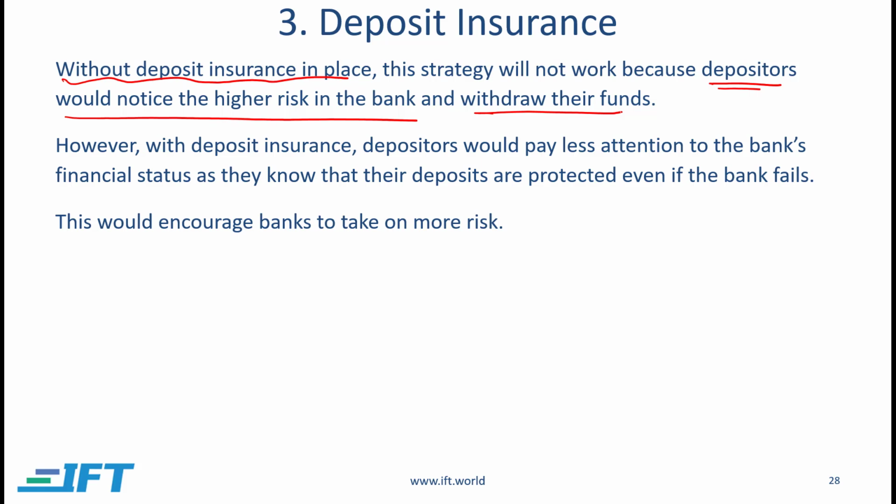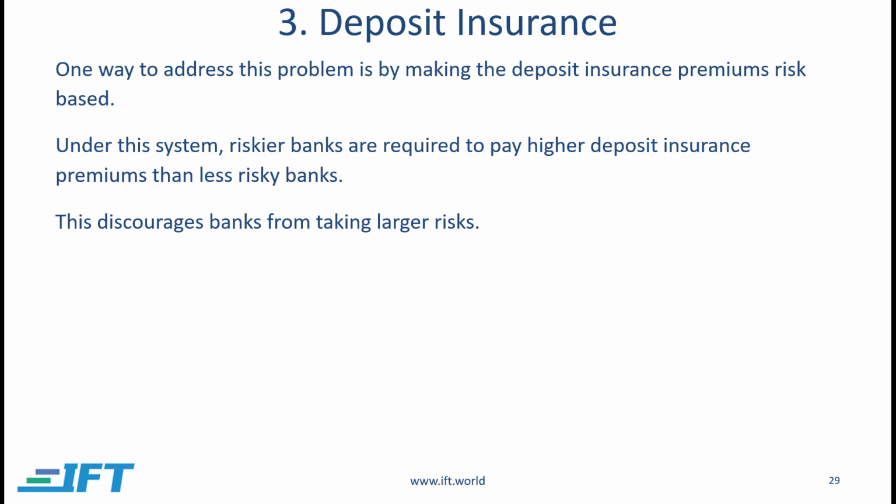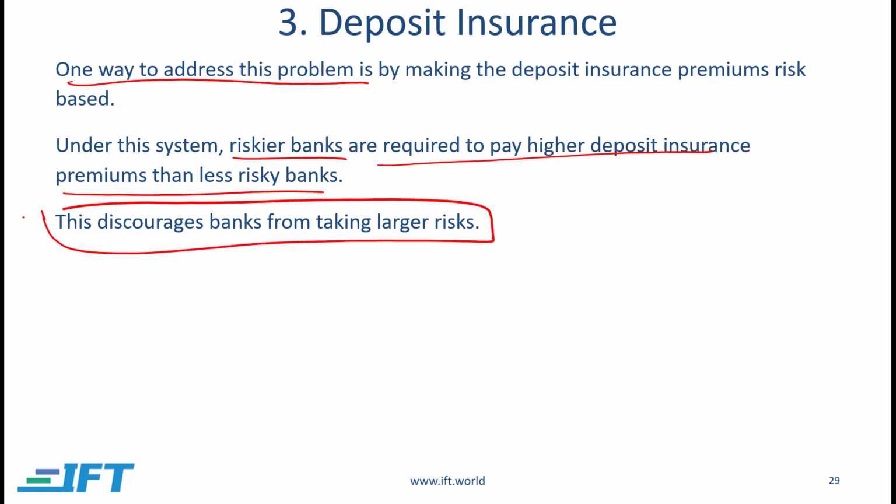So one way to address this problem, and this is what should be done as well, is that riskier banks should be required to pay higher deposit insurance premiums than less risky banks. This would then discourage the banks from taking larger risks.